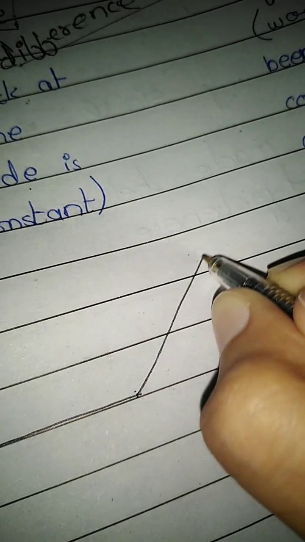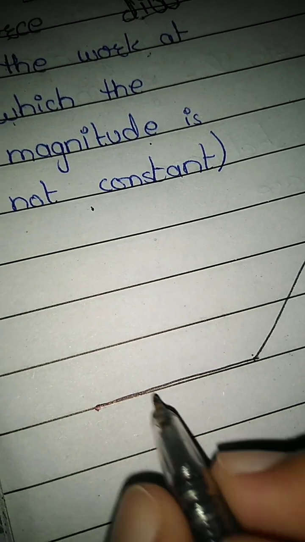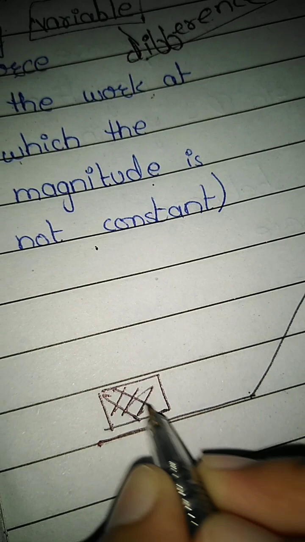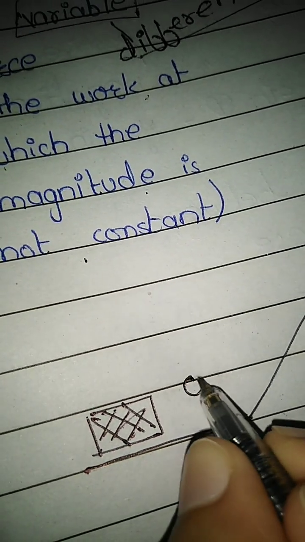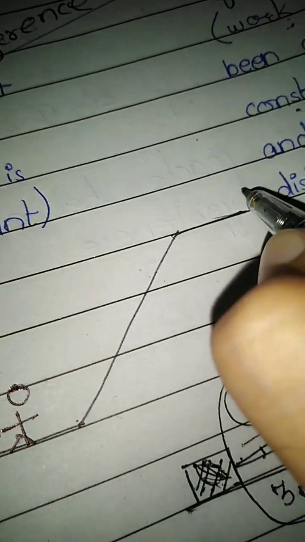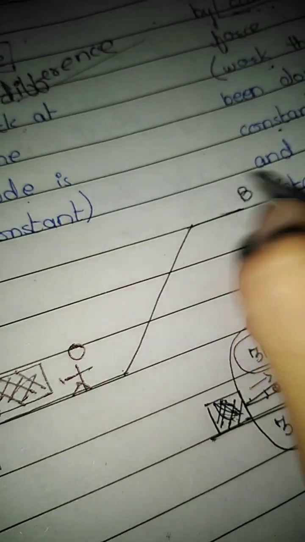Like, just suppose a body here has to cover the distance like this. Now suppose a mass, a container, or a heavy body. A person has to make it cover the distance up to here. Like, let it be the point A and that be the point B.